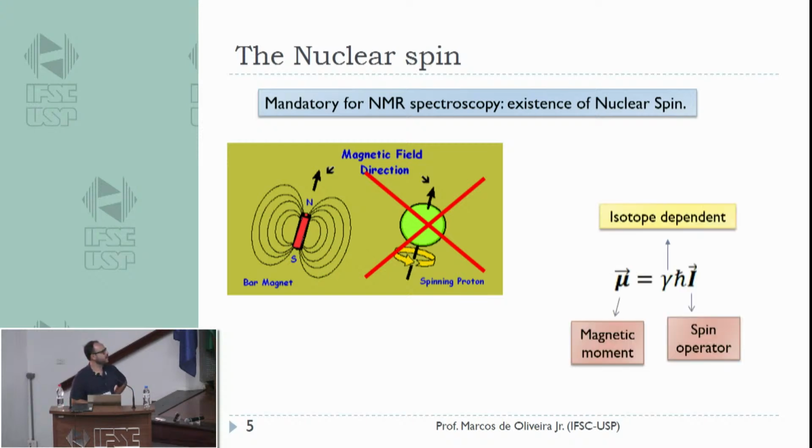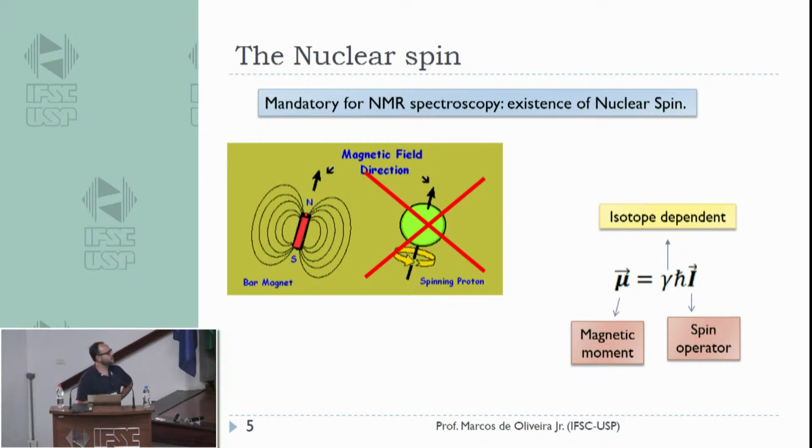So quantum mechanically, we can speak about the relation between the magnetic moment and the spin operator. It's given by this constant here, we call the gyromagnetic ratio. This depends on the isotope we are studying, so this makes NMR selective. You can select which isotope you are going to look at in each experiment.